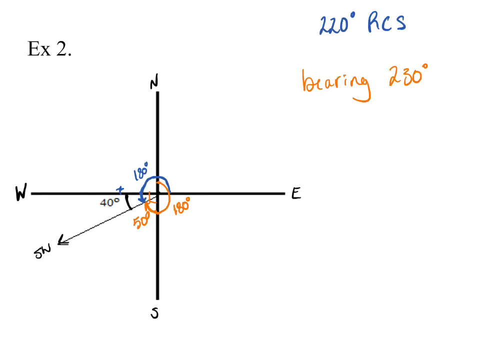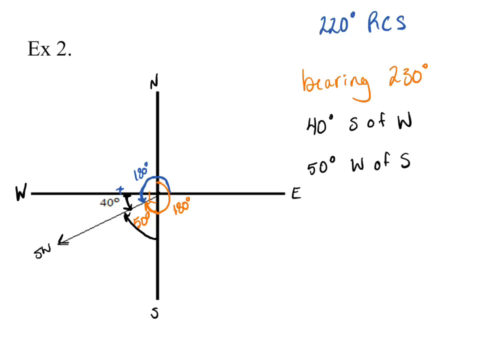If we look at the 40-degree angle, that's starting west and then going south of that. So we could say that it is 40 degrees south of west, meaning south from the west. Or, of course, if you start south and go west of that, that's 50 degrees.